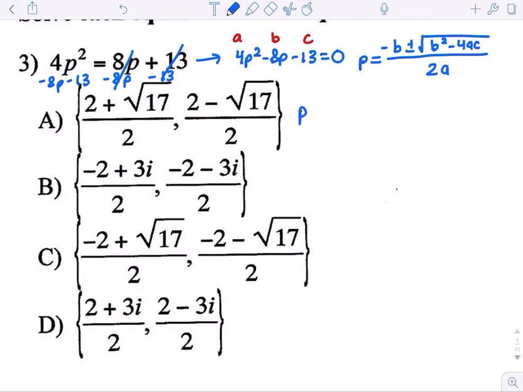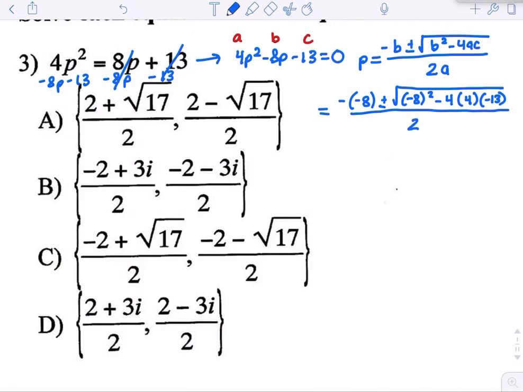So we're going to have minus negative 8 plus or minus negative 8 to the second power minus 4 times a, which is 4, times c, which is negative 13, all over 2 times 4.